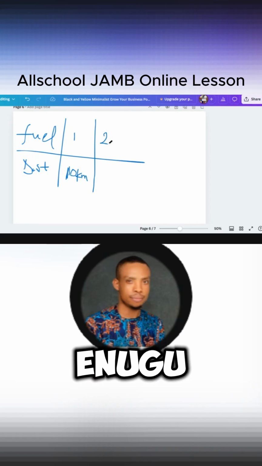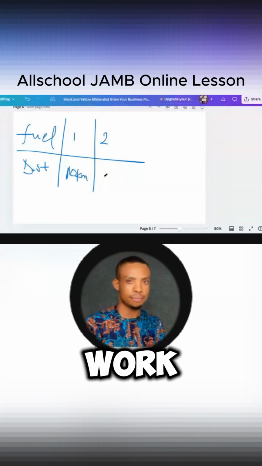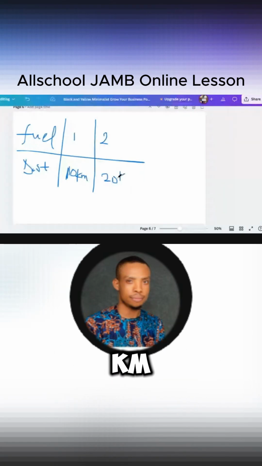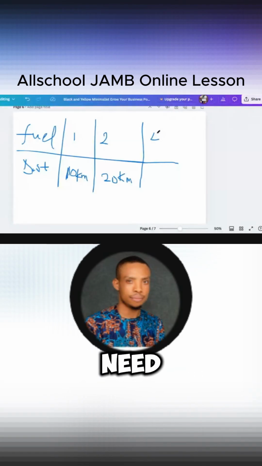UNTH is between Enugu and Abia State. So there I will need 2 liters of fuel, because I'm traveling 20 kilometers. Now, if I travel more, maybe to Osisioma, the distance will be 40 kilometers.